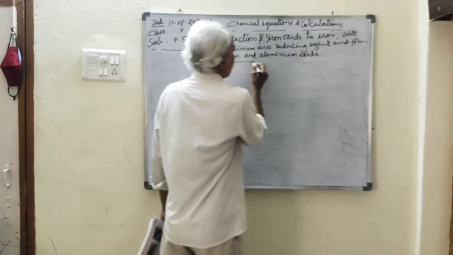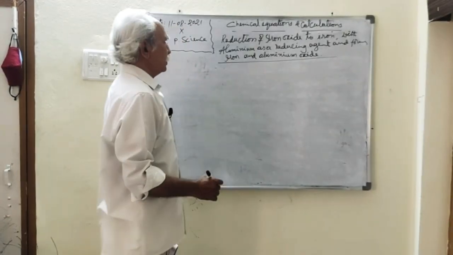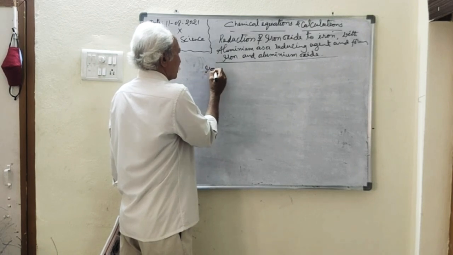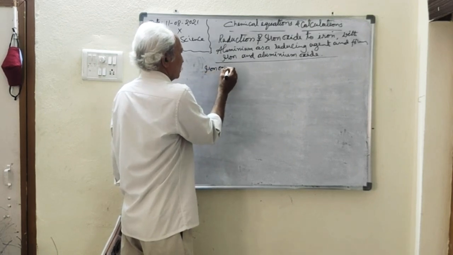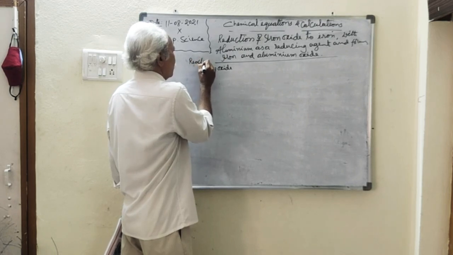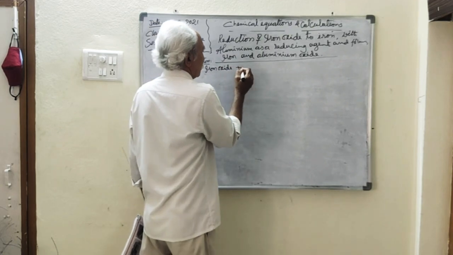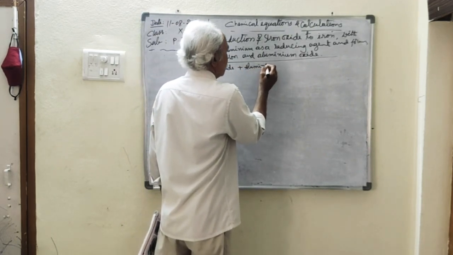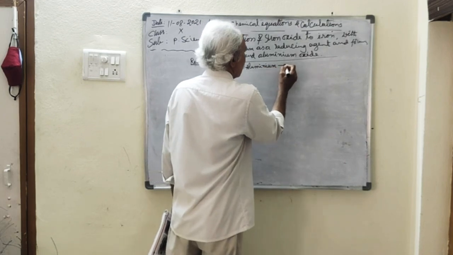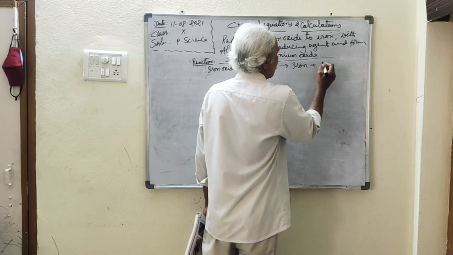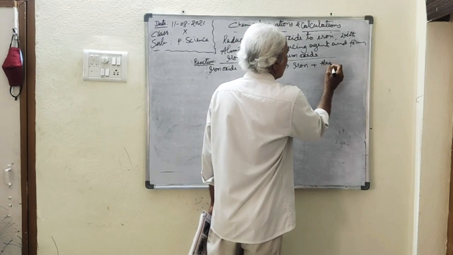This is the reaction. So in this reaction what happens here, first one is the iron oxide. So this is the reaction. Actual reaction is iron oxide plus aluminum gives rise to iron plus aluminum oxide.